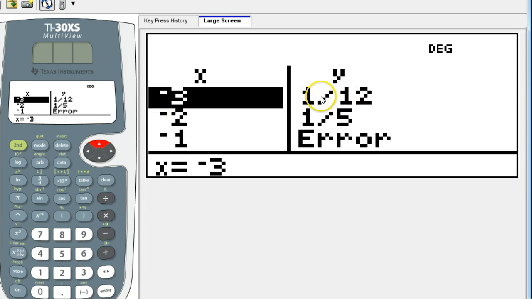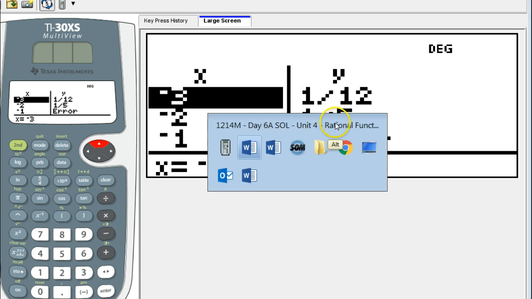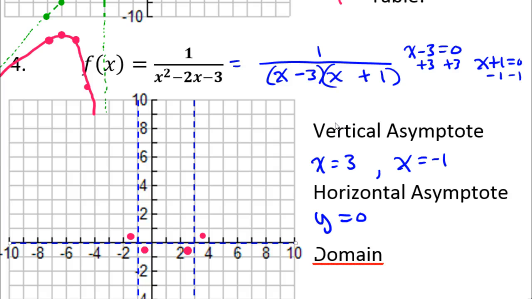At -3, I'm at -1/12, which is really small, and at -2, I'm at 1/5. So both of those are really, really close to the asymptote, which is what you would expect. As we go to the left, we should be approaching the asymptote. So it does make sense.